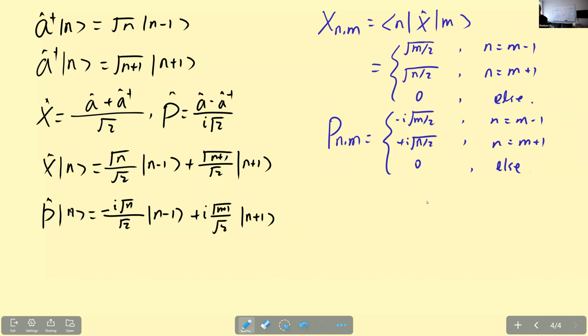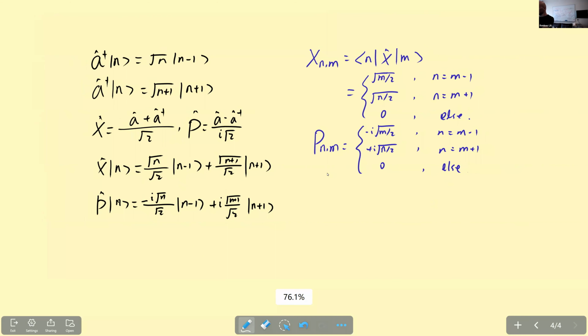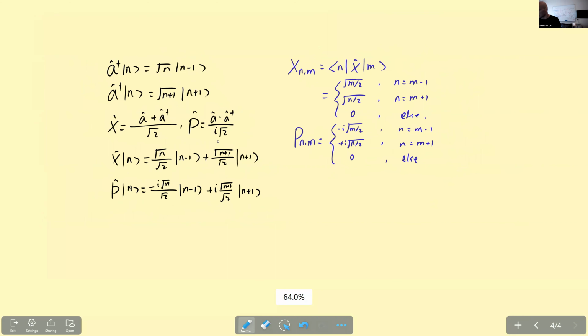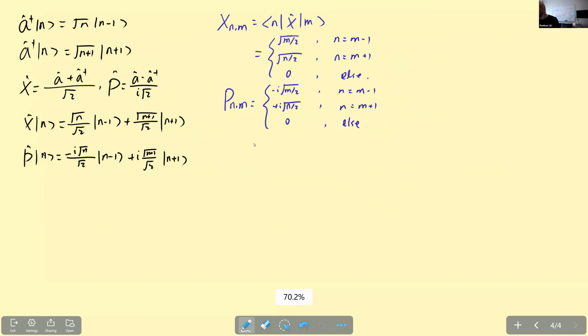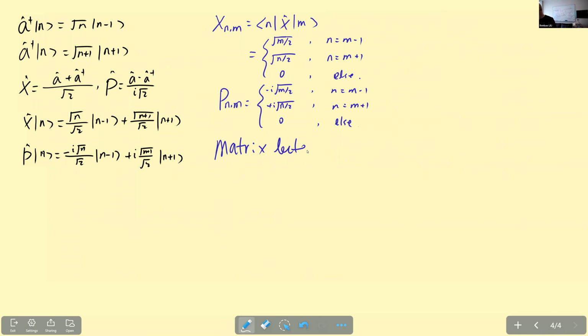And then we can write this down in a matrix. You take these as the matrix elements, and you find that this x can be written as a matrix.